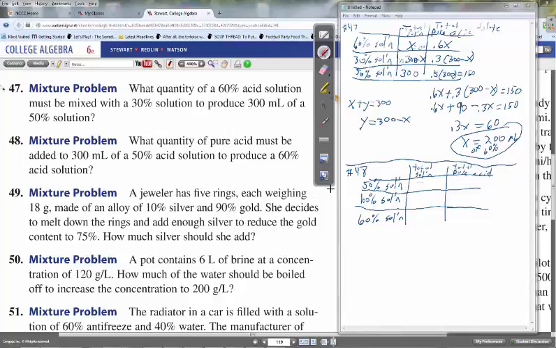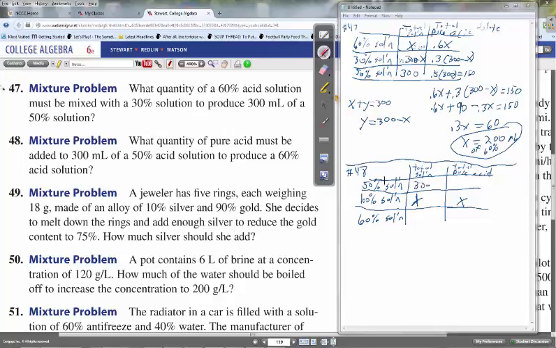Alright, in this one we are trying to find how much pure acid. So x for 100%, and I might as well fill this one in too. 100% of x is just going to be x. That's basically 1 times x. Total solution here, it gave us this 300.